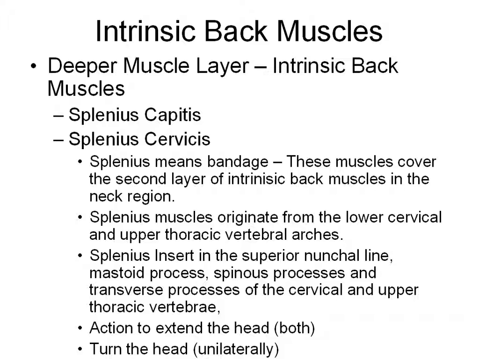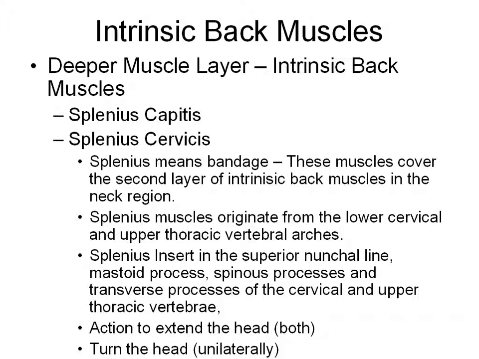Capitis is indicating that that muscle goes from the lower cervical and upper thoracic vertebrae up to the skull. Splenius cervicis originates from the lower cervical and upper thoracic, and inserts right back into the upper cervical vertebrae. So that's where you're getting capitis and cervicis.